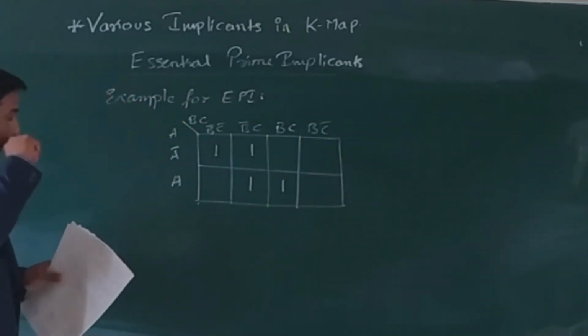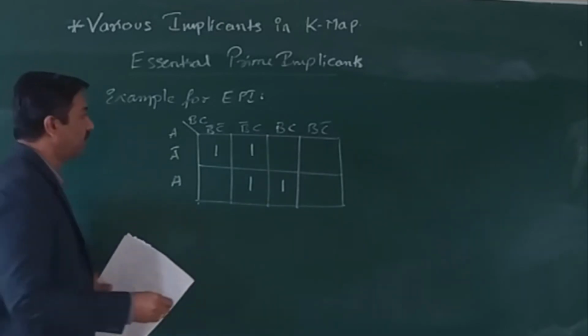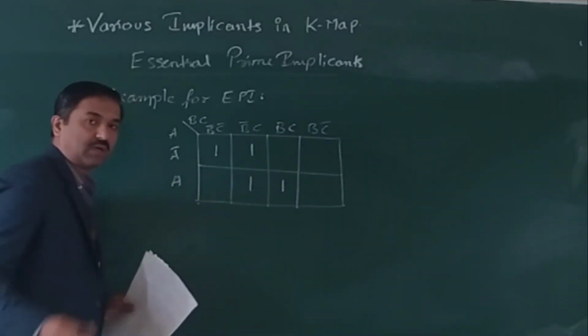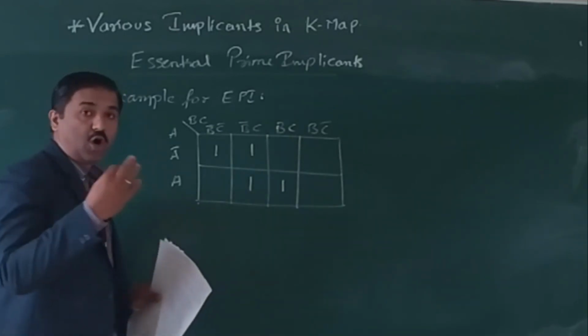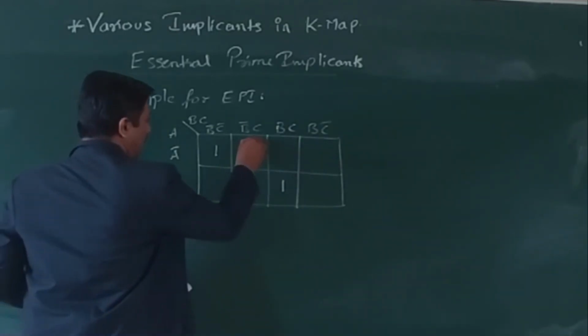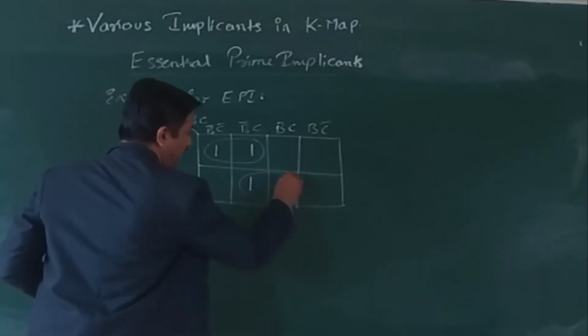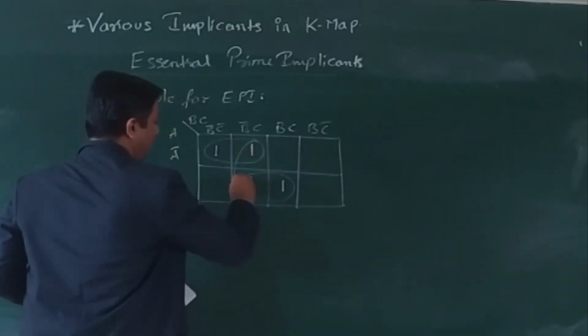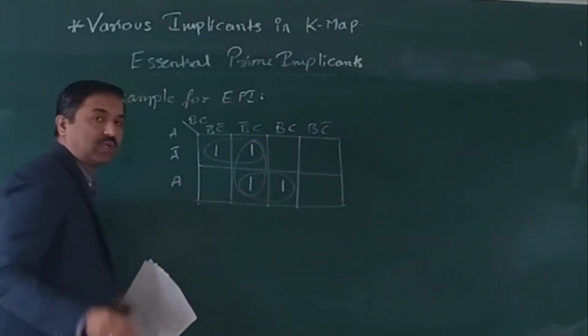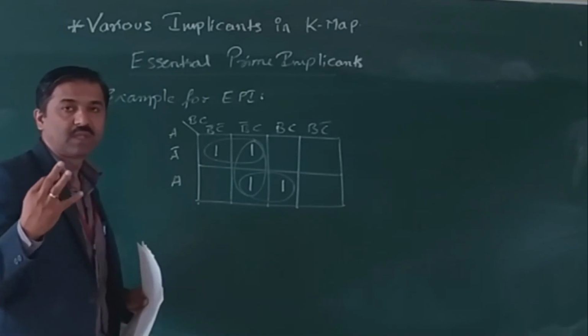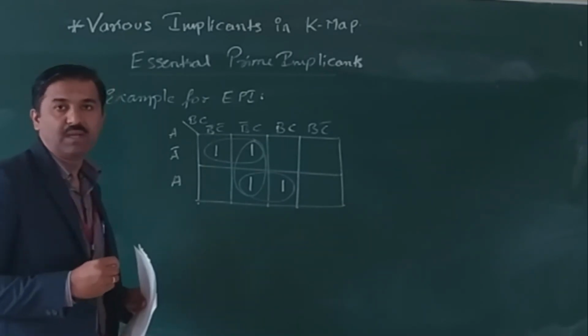Now let me group it. First, how many implicants are there? 1, 2, 3 and 4. There are a total of 4 implicants. How many prime implicants are there? Prime implicant number 1, number 2 and number 3. So in total we have 4 implicants and 3 prime implicants.